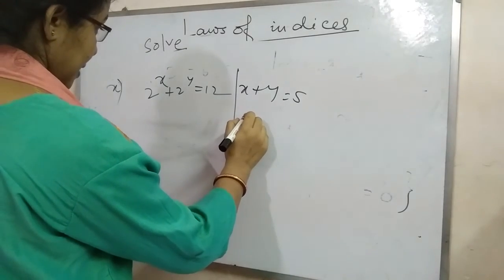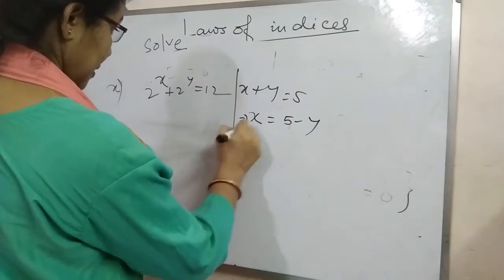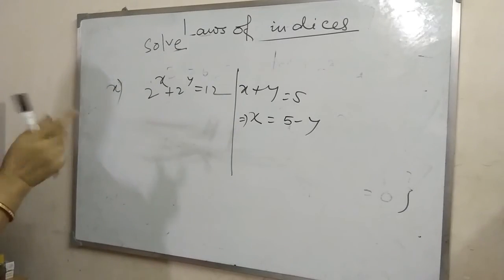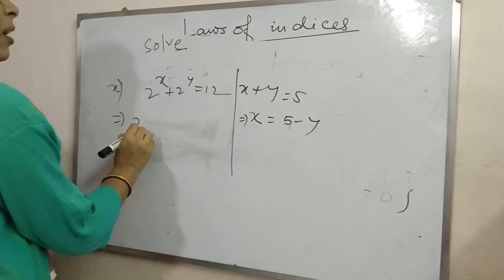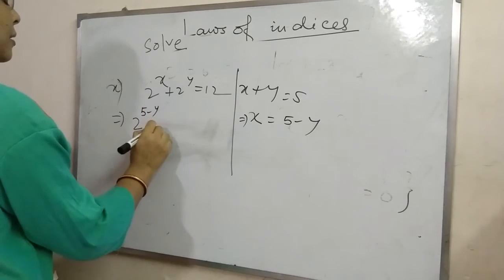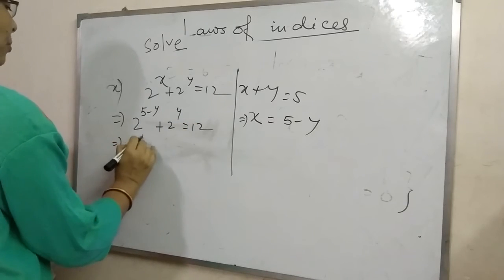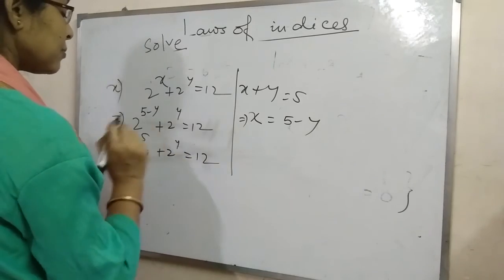If x equal to 5 minus y, I can write 2 to the power 5 minus y plus 2 to the power y equal to 12. 2 to the power 5 by 2 to the power y plus 2 to the power y equal to 12.